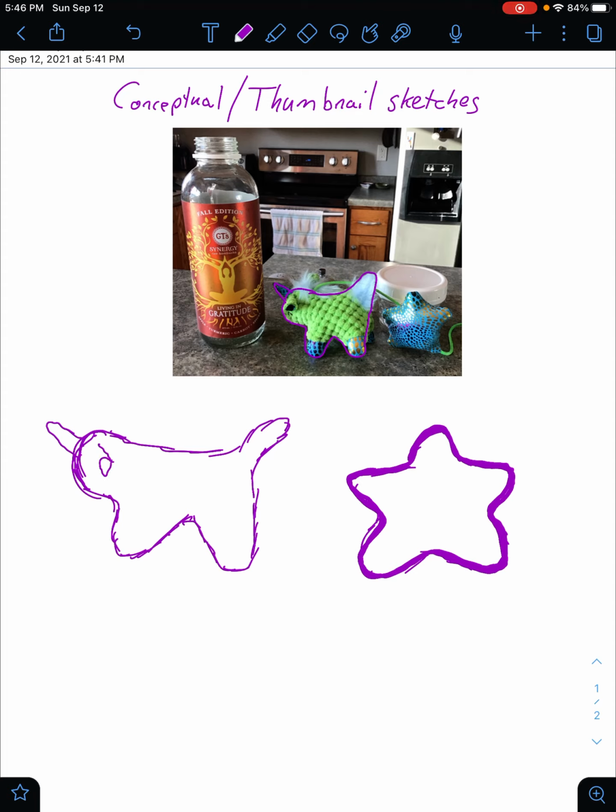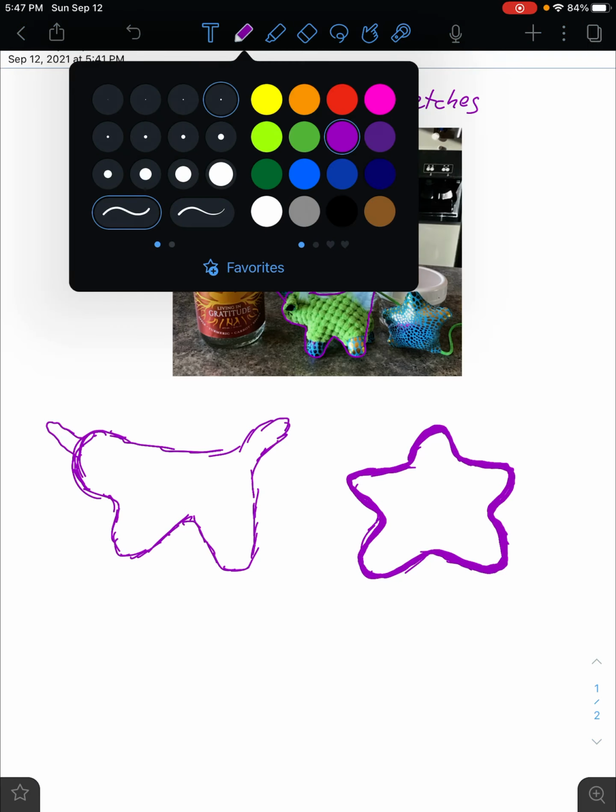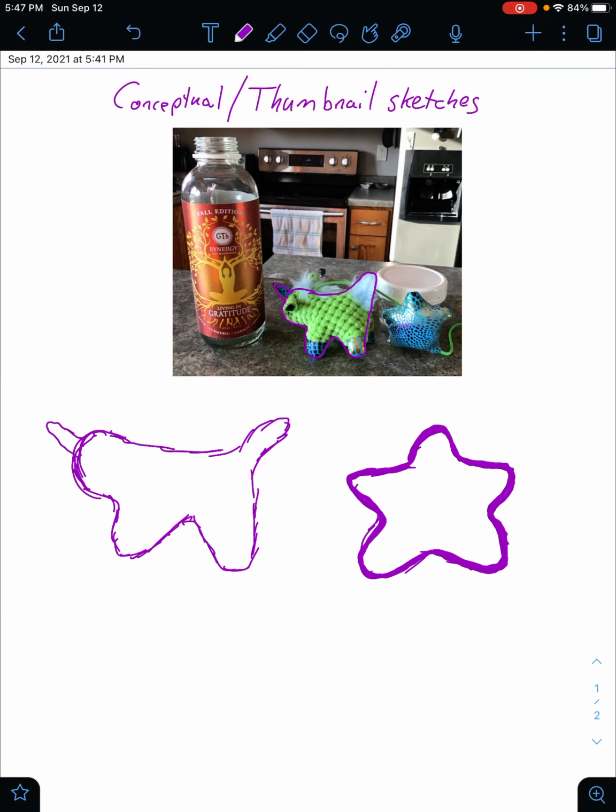Kind of get that ear coming down. That looks stupid. Yeah, I'm going to get rid of that. Again, I'm going to thicken my lines instead of darkening them to show confidence. And I've got my horn, I've got the head, the feet, the tail.